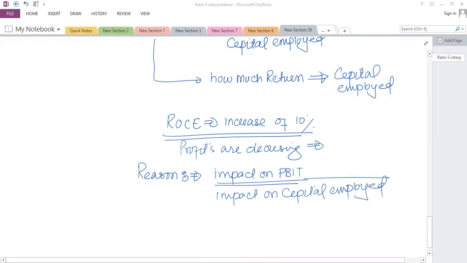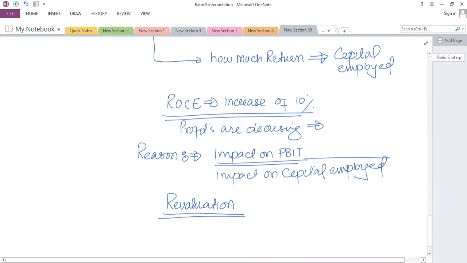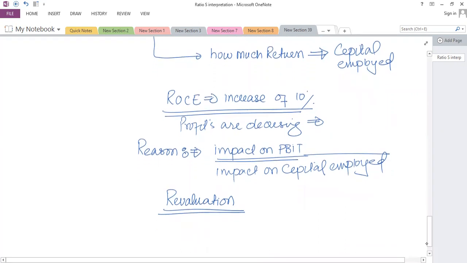Okay. Yes, revaluation is one of the reasons. Very good point. Revaluation is also a reason, because revaluation is an accounting adjustment, right? If you are comparing your ratios with last year or with your competitor or industry average, and last year there was no revaluation, but current year there is a revaluation, how does that affect? It will increase the equity side.